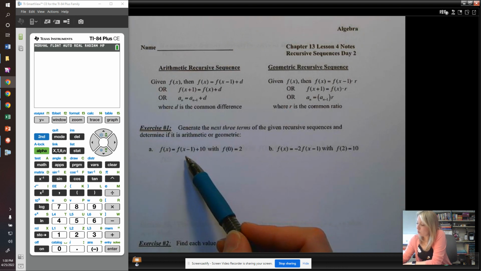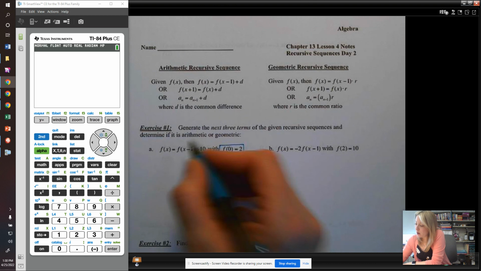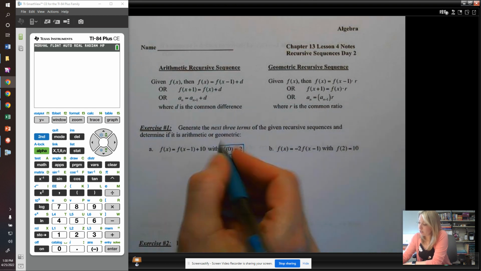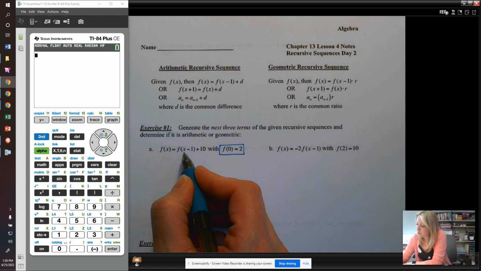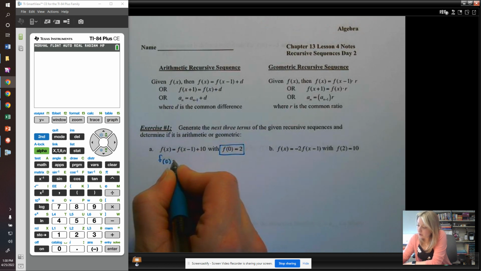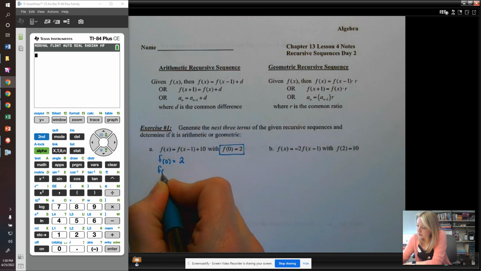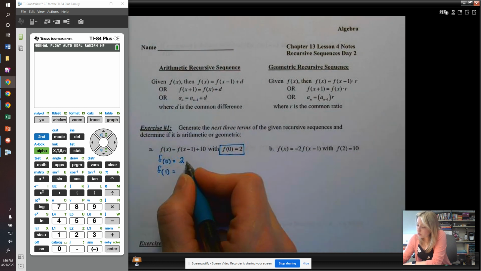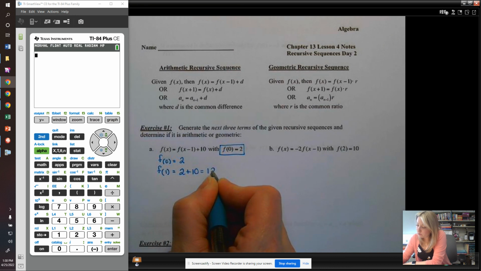I have f of 0 starting with 2, and now I need to find the next 3 terms, and my sequence is defined by taking the previous term and adding 10. So if I start with f of 0 being 2, f of 1, my next term, would be 2 plus 10, or 12.